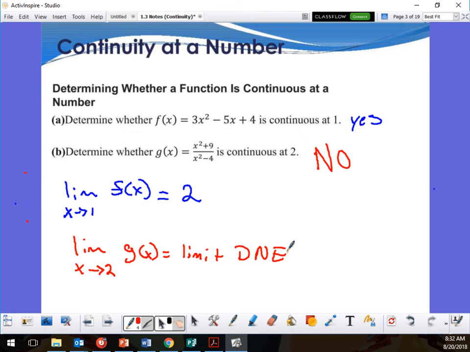So for this one, the limit doesn't exist, so that means that it's not continuous. Okay, it has a discontinuity, so it is not continuous, no limit.